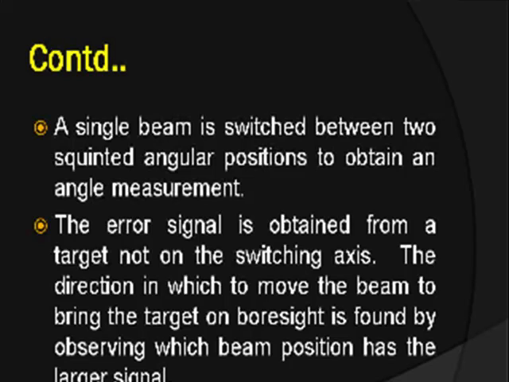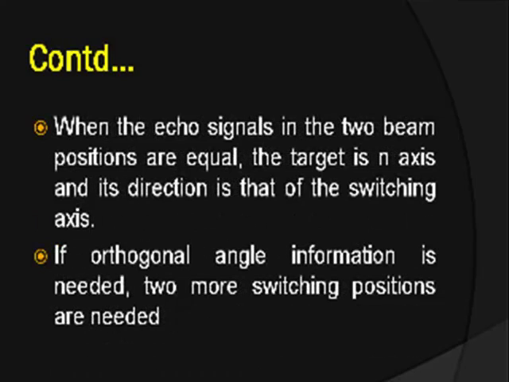The direction in which to move the beam to bring the target on bore site is found by observing which beam position has the larger signal. This was discussed with reference to the diagram earlier. When echo signals from the two beam positions are equal, the target is on axis and its direction is that of the switching axis.